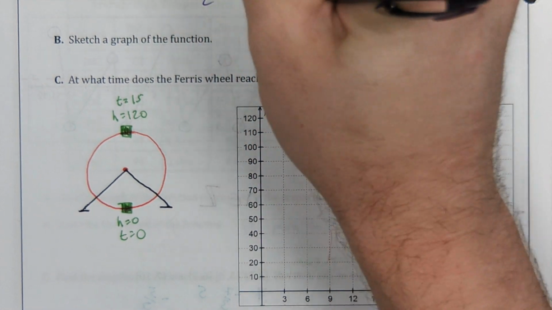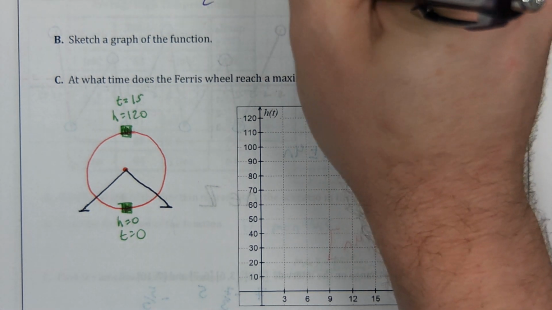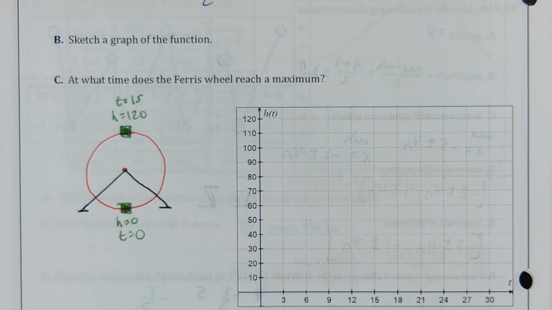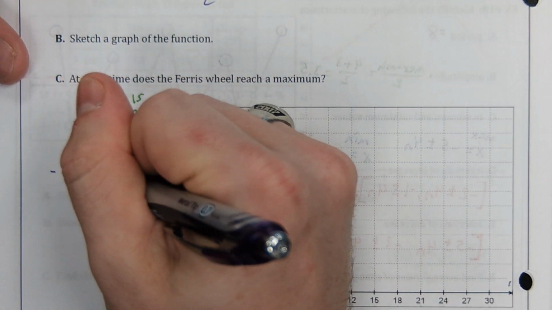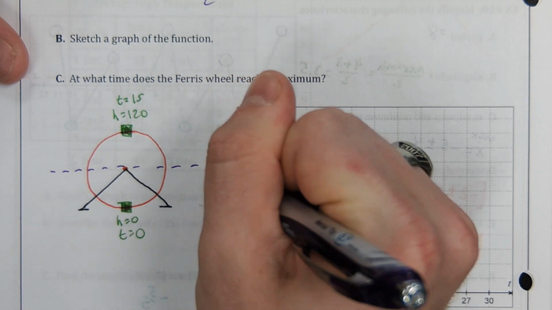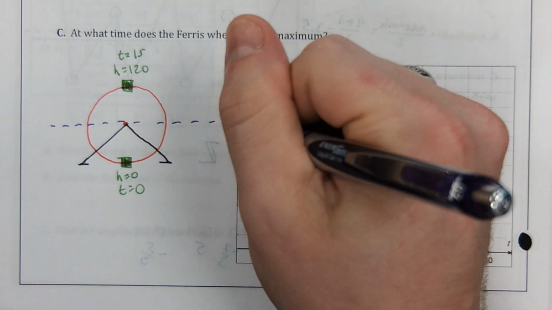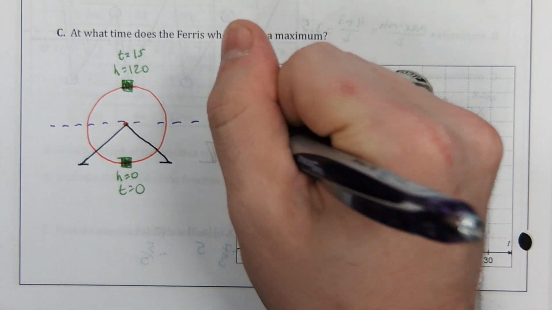So 120 minus 0 over 2, amplitude of 60. It says sketch a graph of the function. Well, I just said it a minute ago, but the center of the system will always represent the midline. So that midline is going to be halfway between 0 and 120, also at 60.